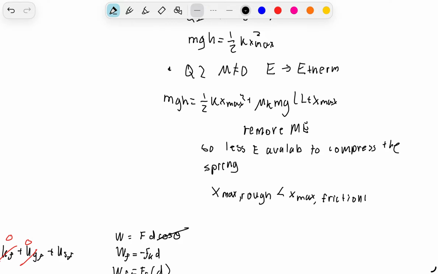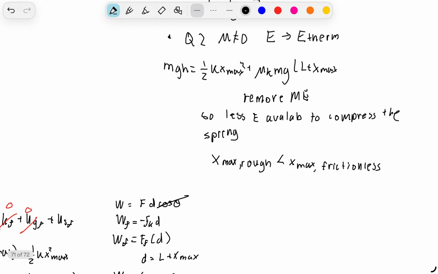So you're going to be able to compress the spring less of a distance if you had a rough surface as compared to a frictionless surface, because that frictional force is going to convert some of the UG into some of the thermal energy instead of our spring potential energy.